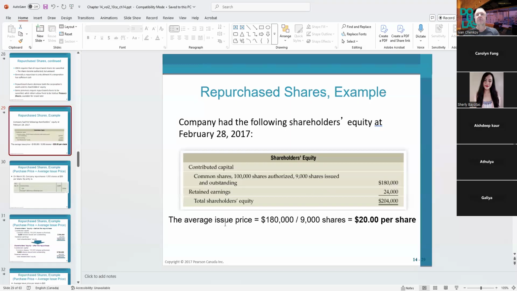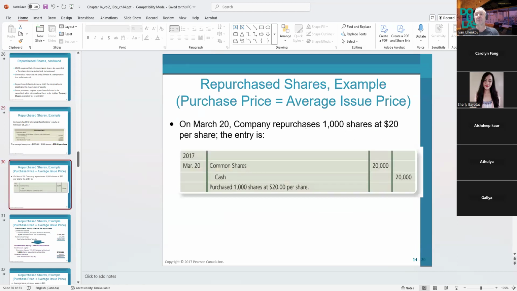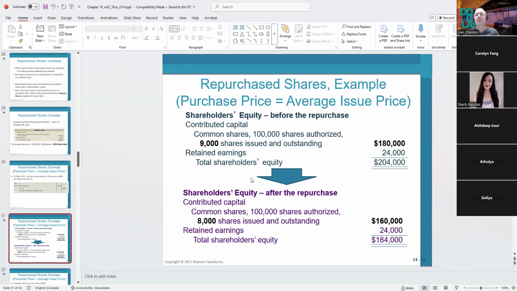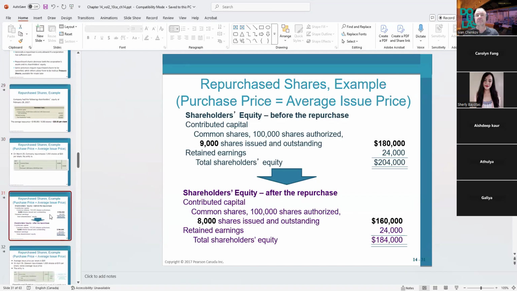So again, the average issue price per share is $20. When we repurchase 1,000 shares at $20, we're repurchasing shares whose average price is $20, and we're paying exactly the same amount. And what's happening now? Our equity is going to go down by $20,000.